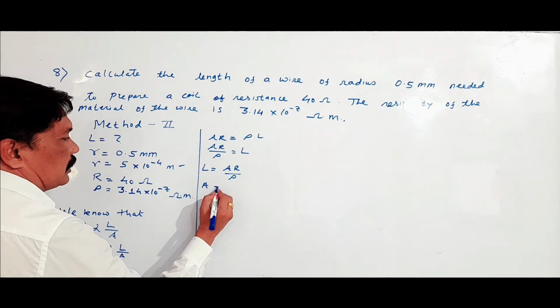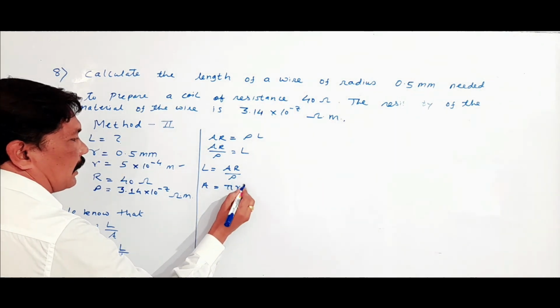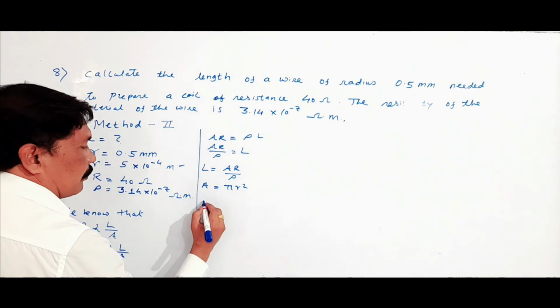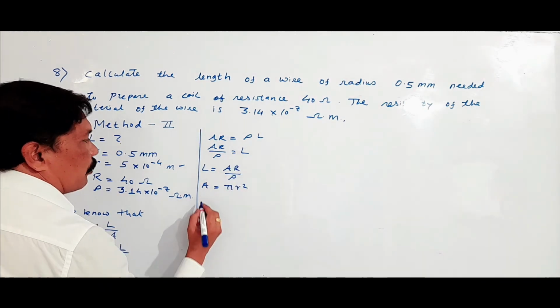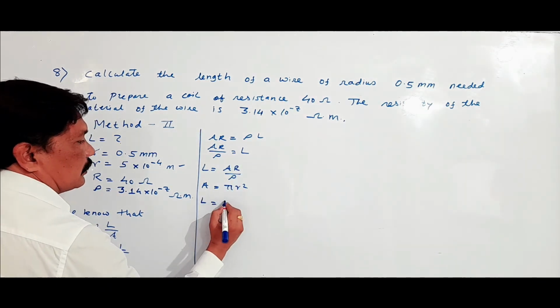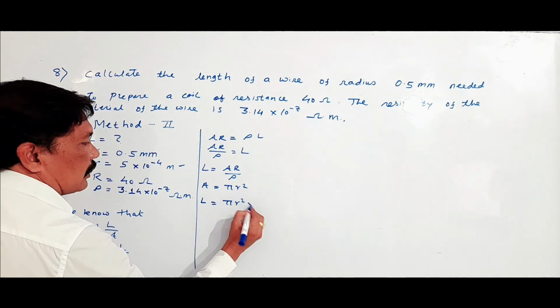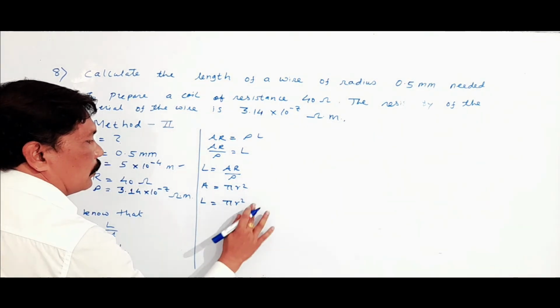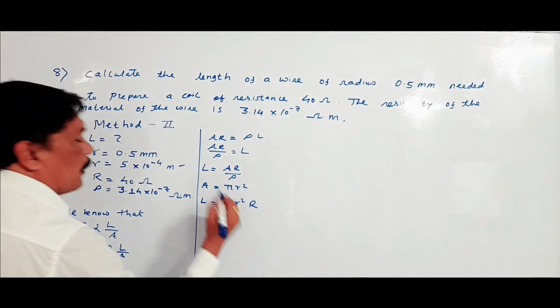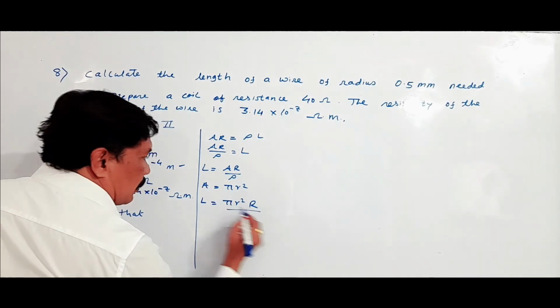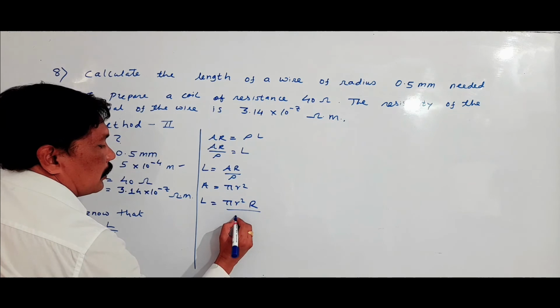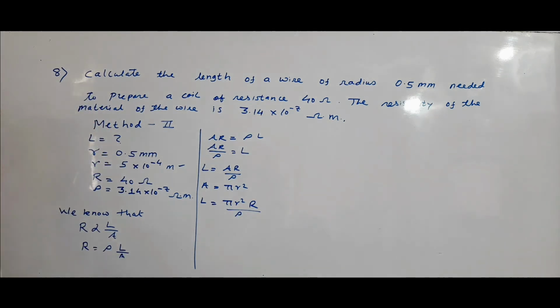Area of cross section is equal to pi r square. So we can introduce this into the formula. Length is equal to pi r square into resistance of a wire upon resistivity of a material.